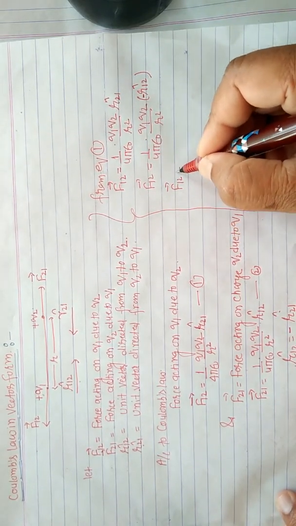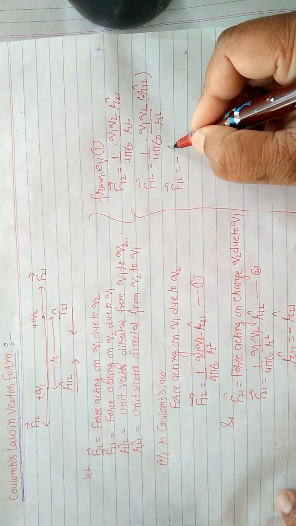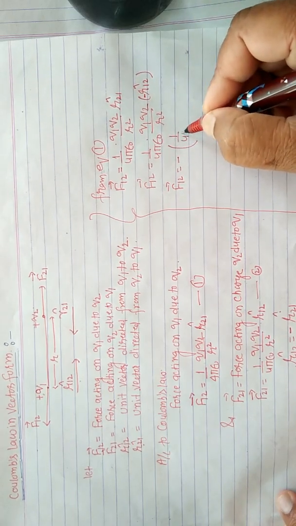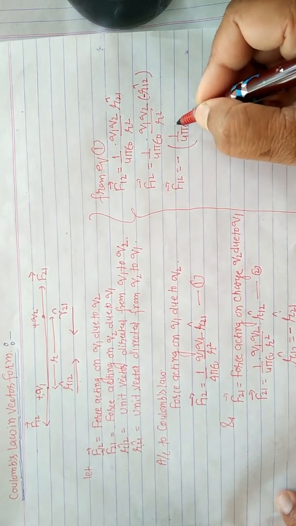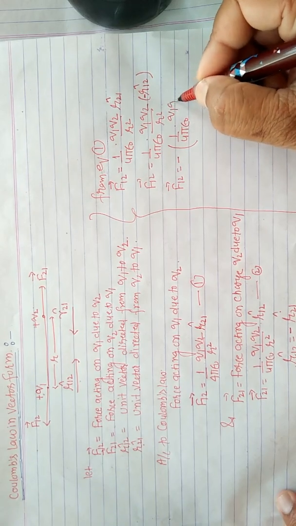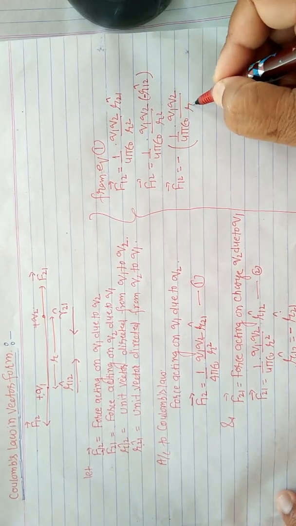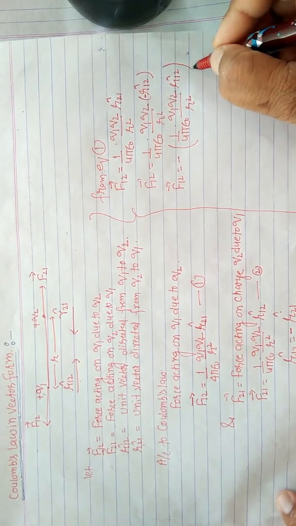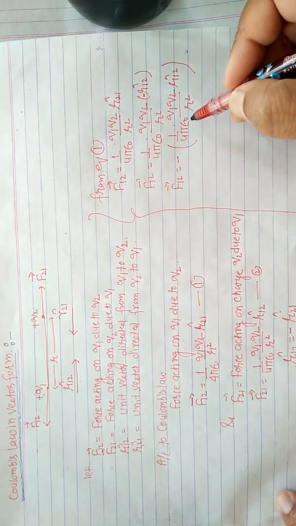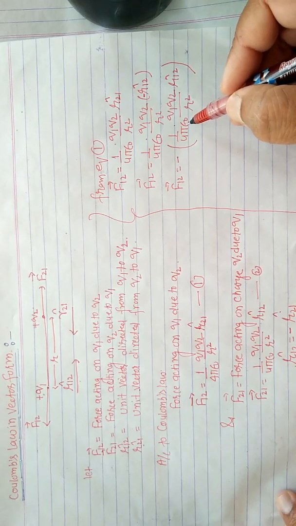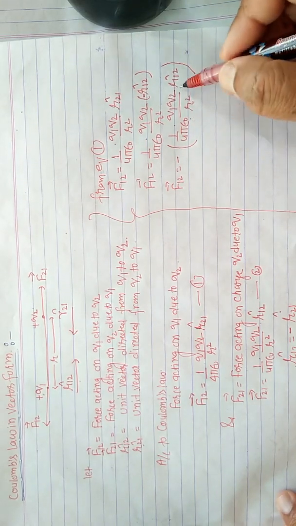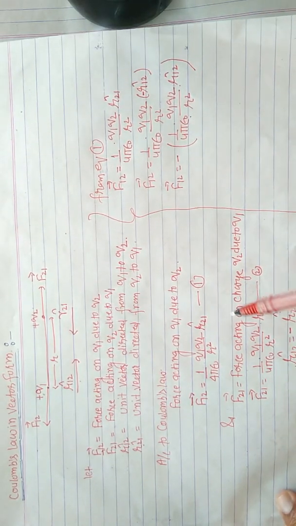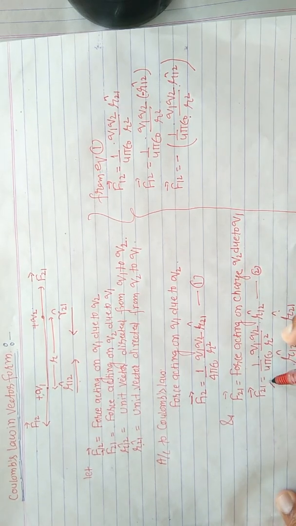So F12 is equal to minus 1 upon 4 pi epsilon naught Q1 Q2 by R square R12 cap. This quantity which is written here in a bracket is nothing but equation number 2.